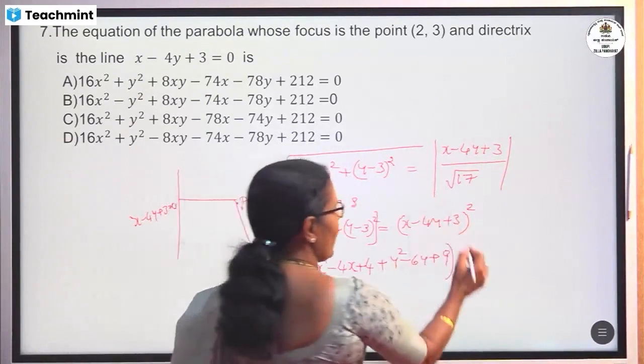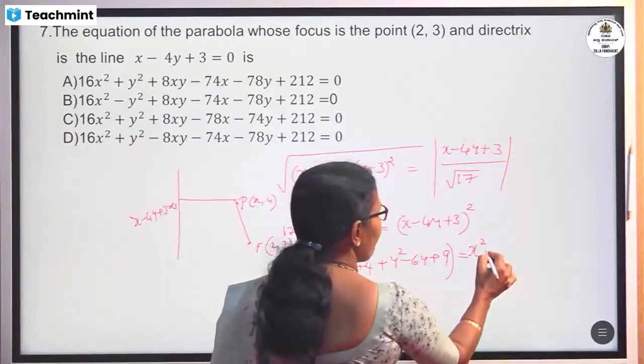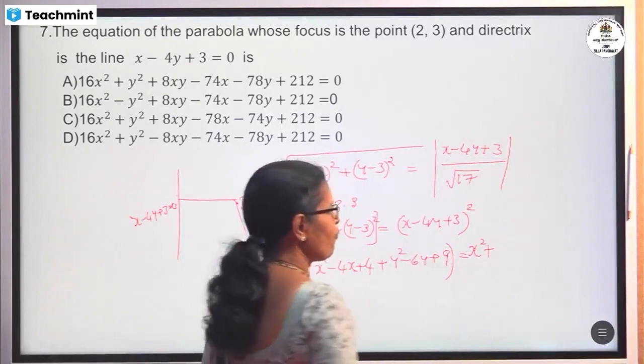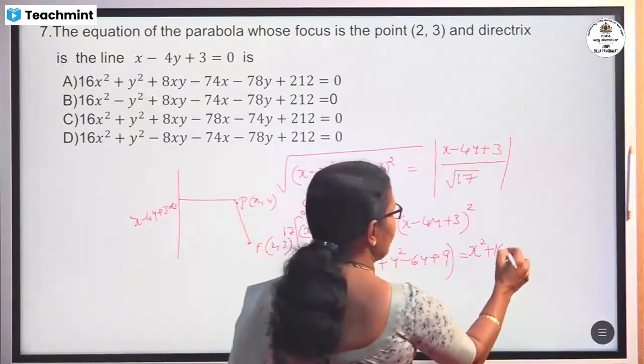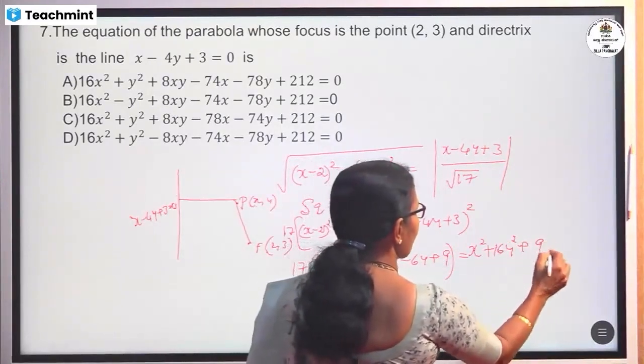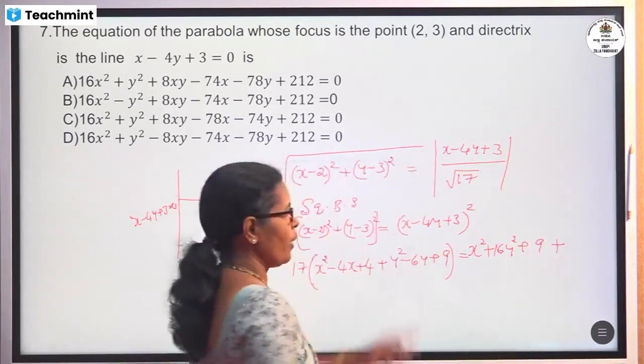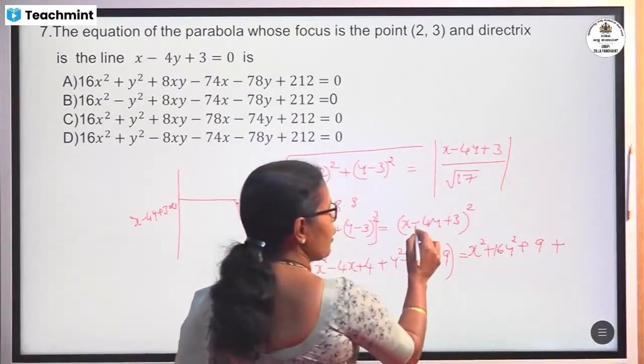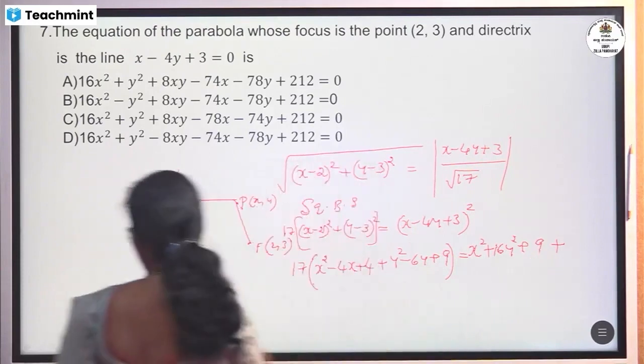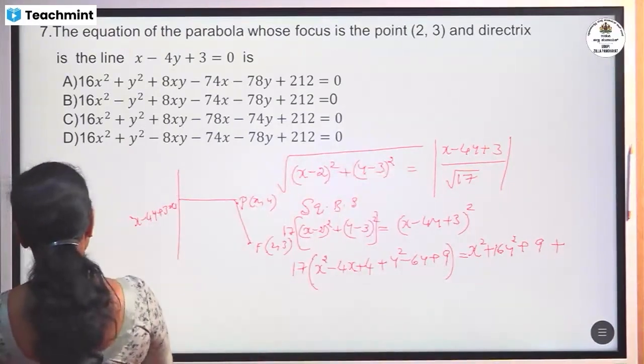So a square, that is x square, plus b square, that is 16y square, plus c square plus 2ab, which gives minus, therefore not plus, that is minus.